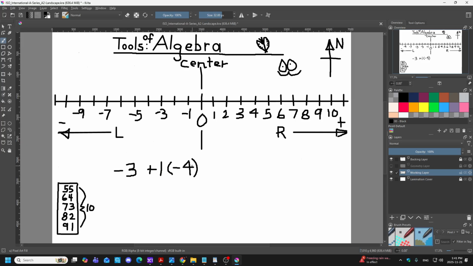Here's the math rule: when you have a positive times a negative, your result is a negative. So when you have a positive times a negative, the answer will always be a negative. That's the math rule right there.